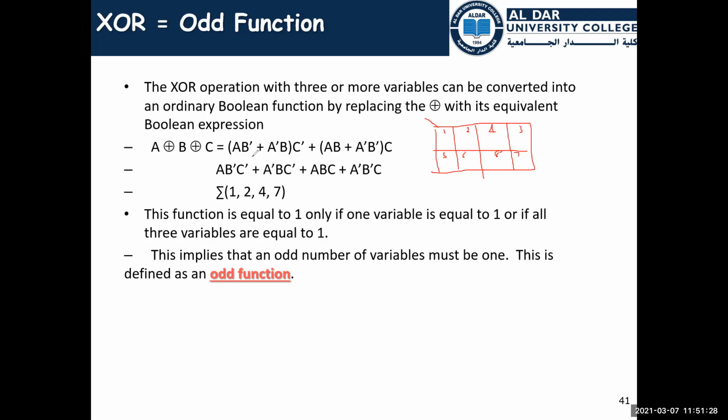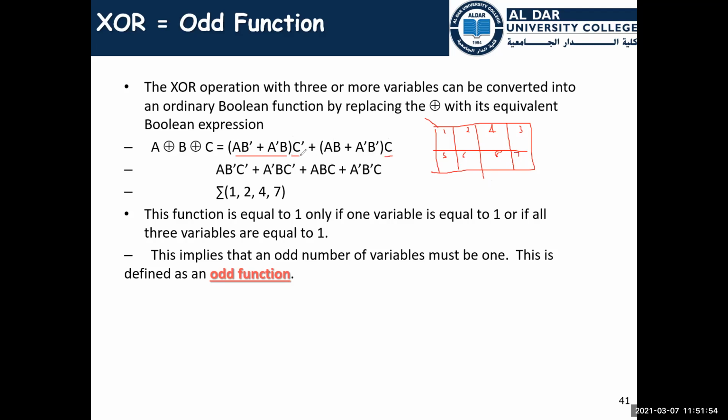Now we have A XOR B XOR C. A XOR B is equivalent to A'B or AB'. This is ANDed with C', and then we distribute C, one time complemented and the other time not complemented.